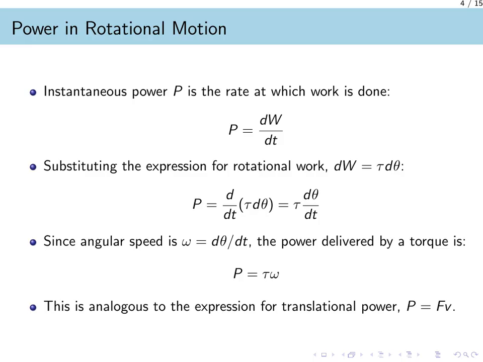This gives us our final, simple relationship for rotational power. P equals τ times ω. This is the direct rotational analog to translational power, which is force times velocity. The power delivered to a rotating object is the product of the applied torque and its angular velocity.